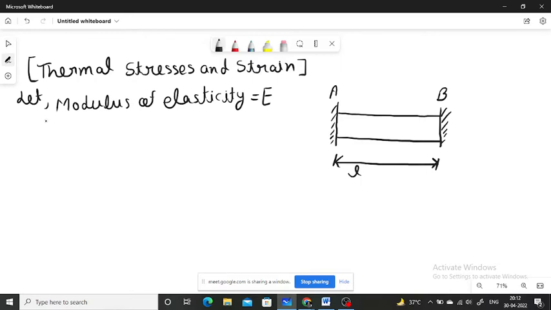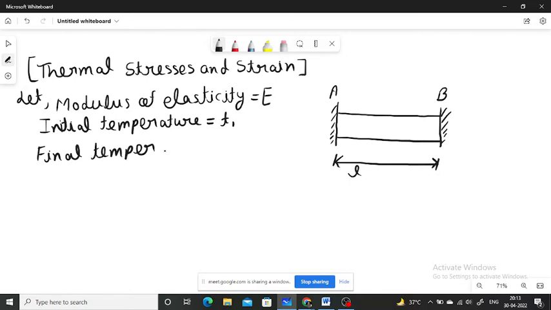and initial temperature of the shaft is equal to the T1, and final temperature of the shaft or this rod is equal to the T2.